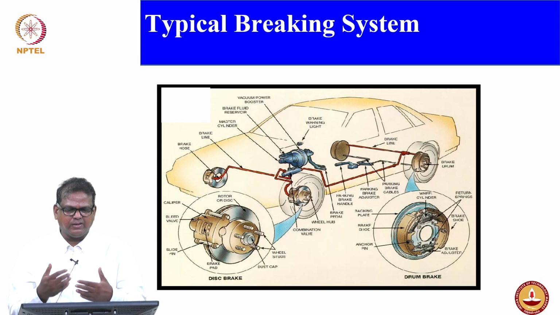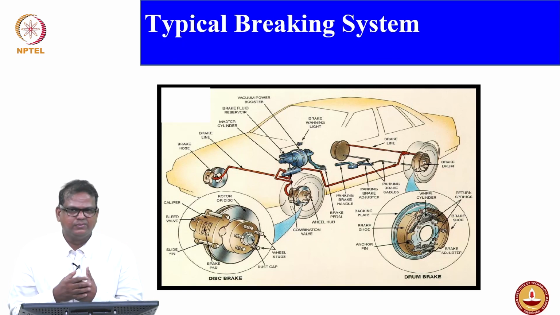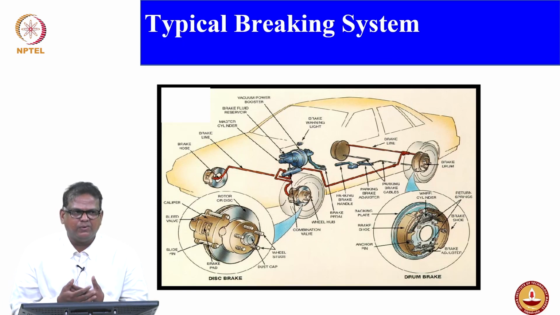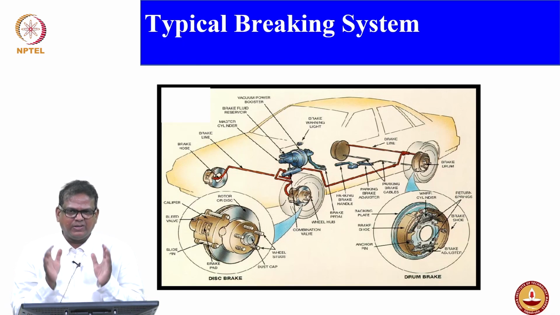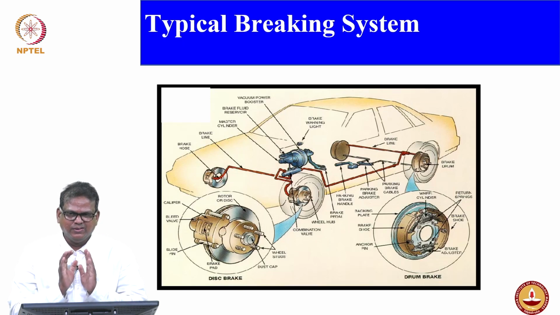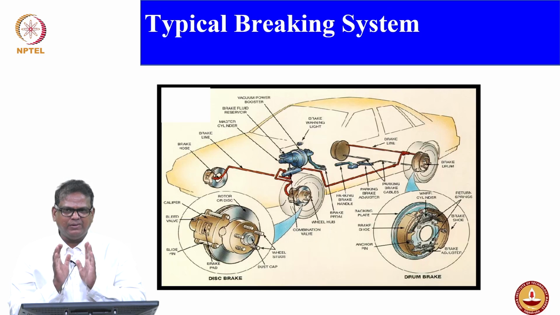You are moving in a car, you are applying the brake. The moment you apply the brake, what is the motion you observe? Will you tend to move forward or will you tend to move backward? Forward, right? You tend to move forward because that is the direction in which the vehicle is moving. So what happened when you move forward?